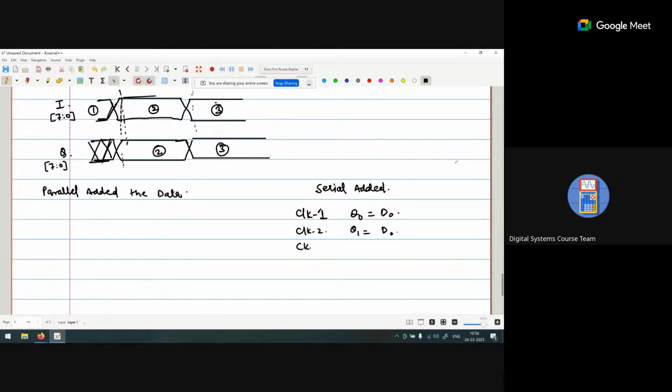When we apply a third clock pulse, we can say that Q2 is the previous one, and when we apply a fourth clock pulse, we can say that Q3 is the previous one.